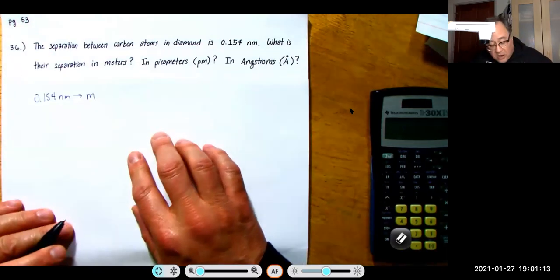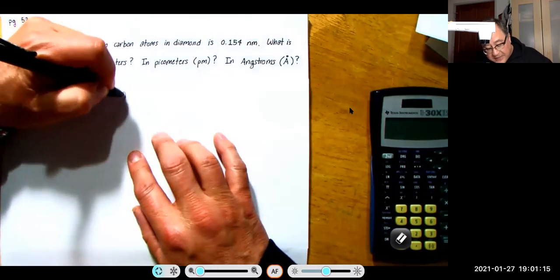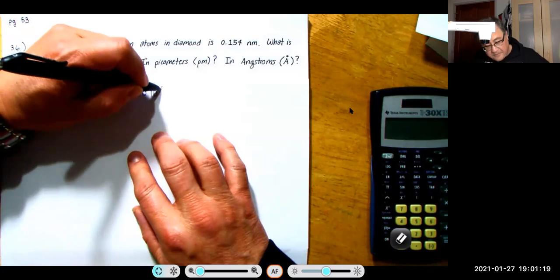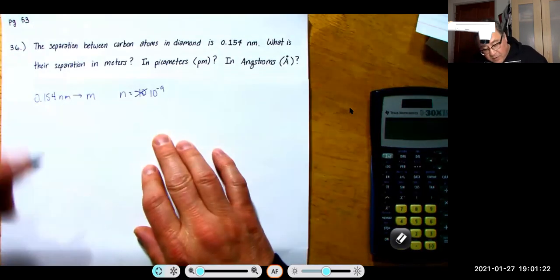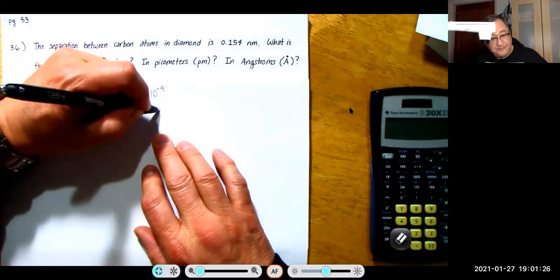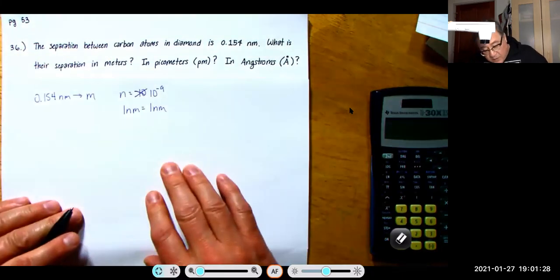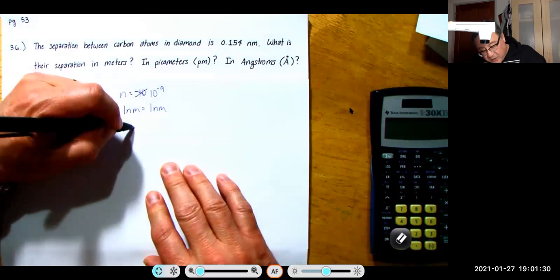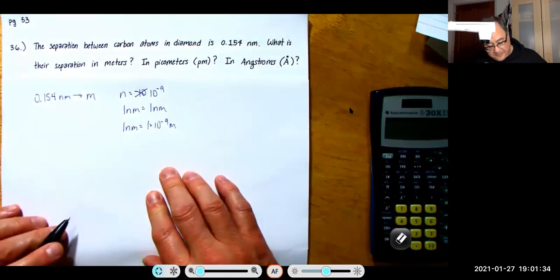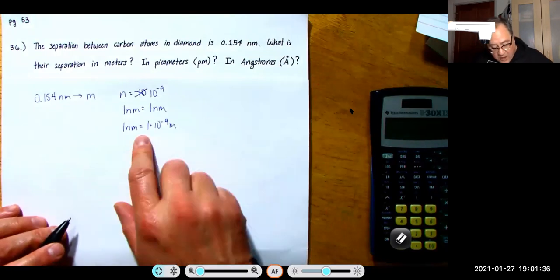And I want you to recall that nano is equal to 10 to the minus 9. So that means if you have 1 nanometer is equal to 1 nanometer, then 1 nanometer is 1 times 10 to the minus 9 meters. So this is my equality.